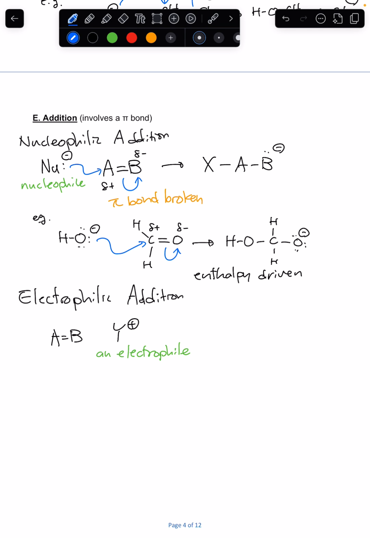That means it wants electrons, and remember pi bonds are weak, right? So the electrophile could grab those electrons in the pi bond because they're not very tightly bound to the atoms. They're weak. It's a weak bond. And what happens is that's how Y gets added to A and B, right?